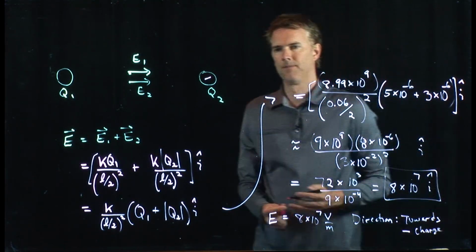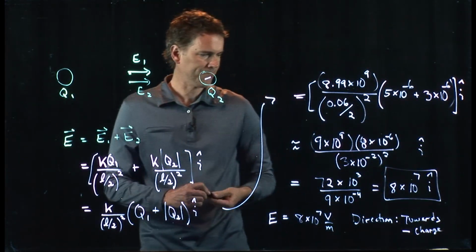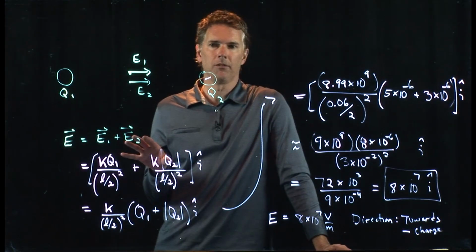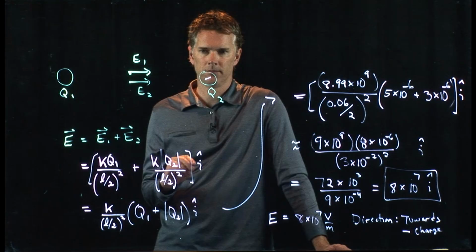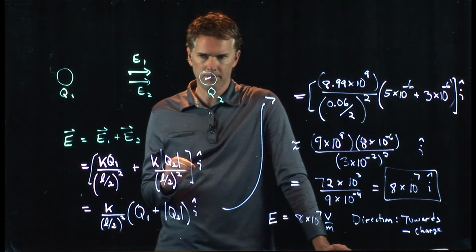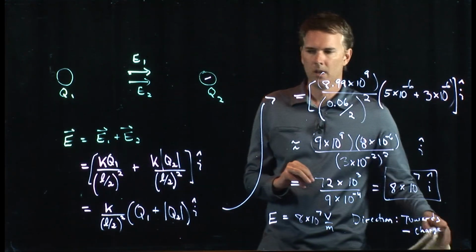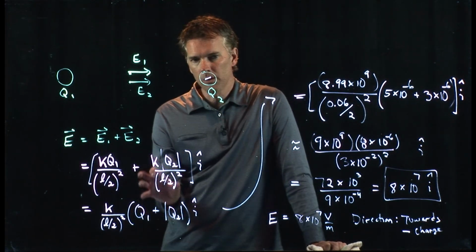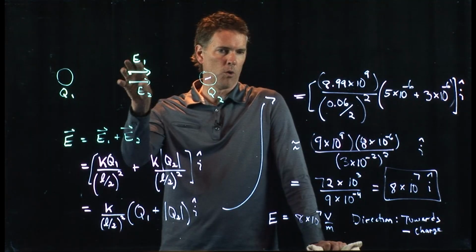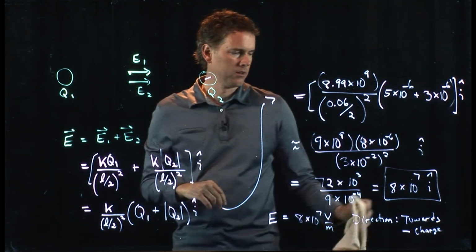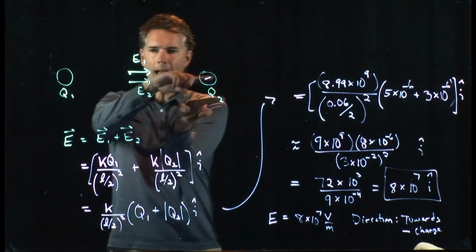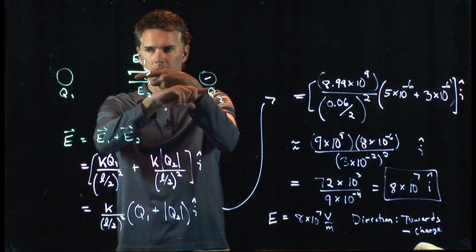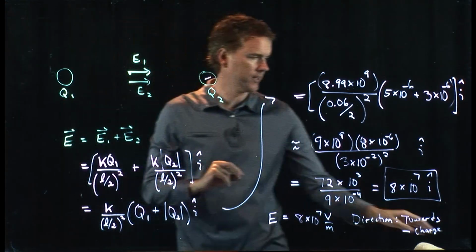Okay, good one. Any questions about that? Not too bad? Don't get too wrapped up with the signs. Always go back to your picture for the vectors. That'll tell you if you should be adding them or subtracting them.